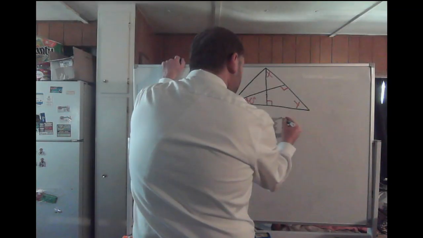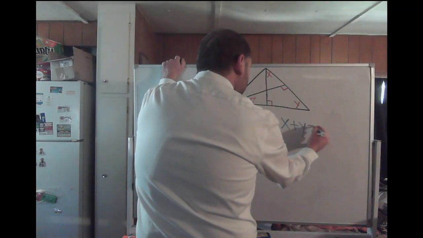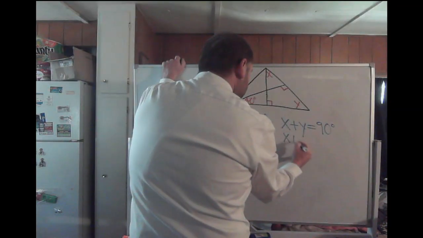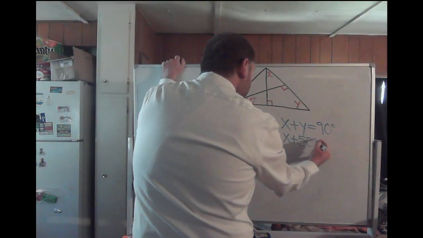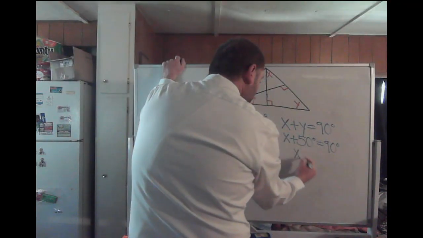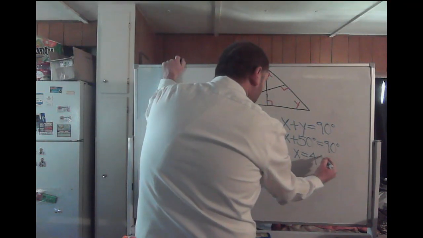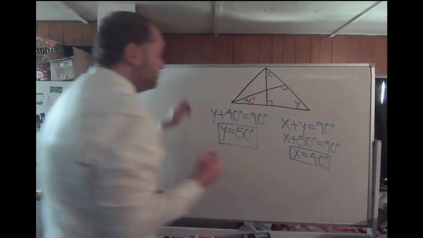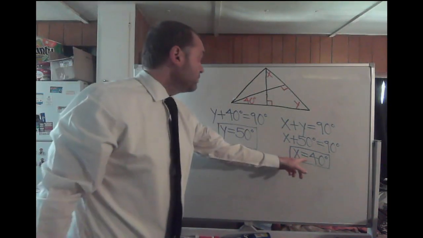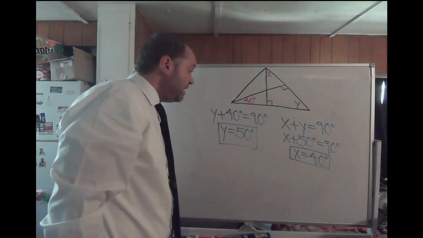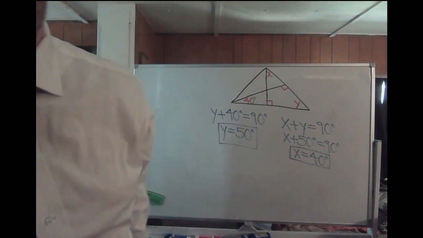So it's going to work out to be x plus y equals 90 degrees, which means x plus 50 degrees equals 90 degrees, which simply then means that x equals 40 degrees. So you end up getting x having a 40-degree angle, y having a 50-degree angle. So that one actually wasn't all that bad.